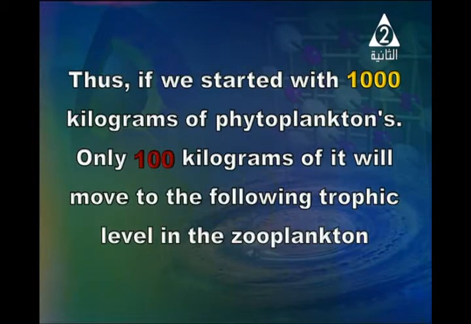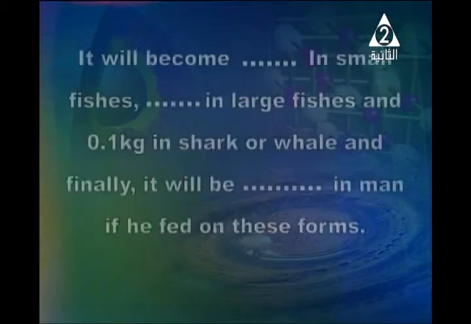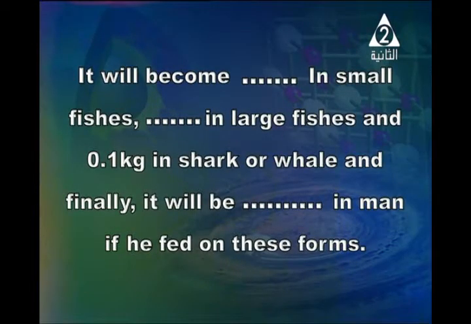If we have 1,000 kilograms of phytoplankton, it moves to zooplankton, but only with 100 kilograms. It will become less in small fish, in large fish, and in shark or whale, and finally how much will be in man if he feeds on these?